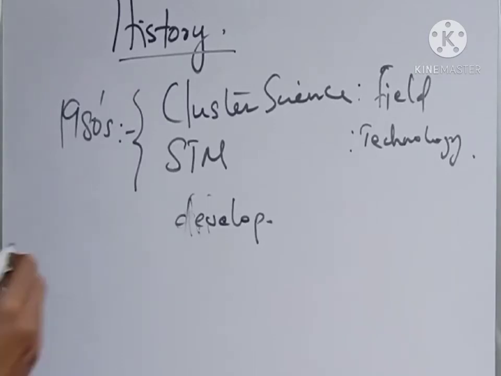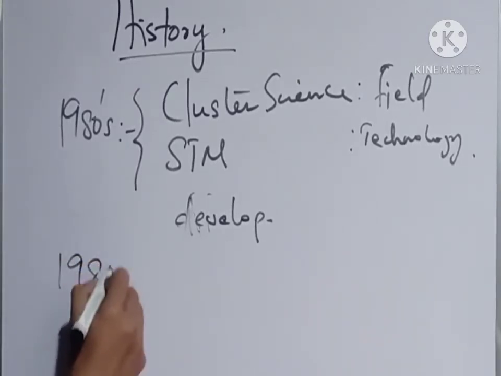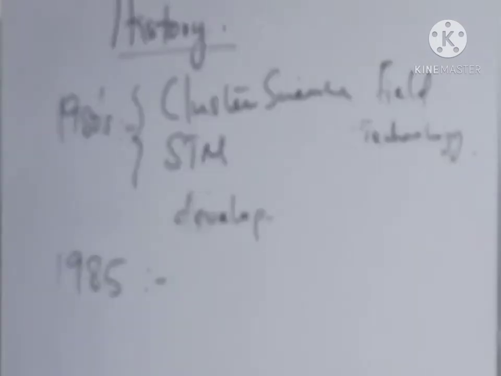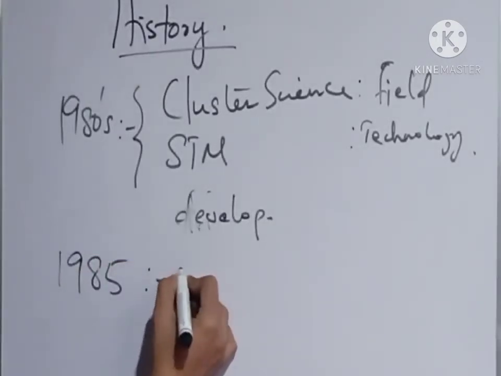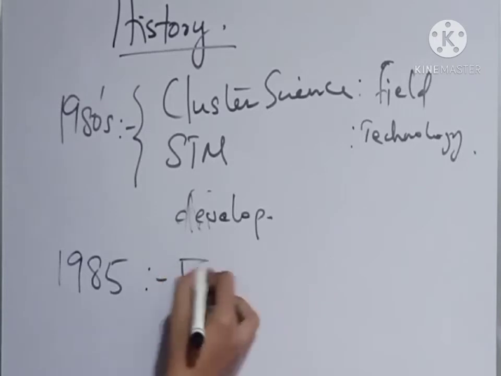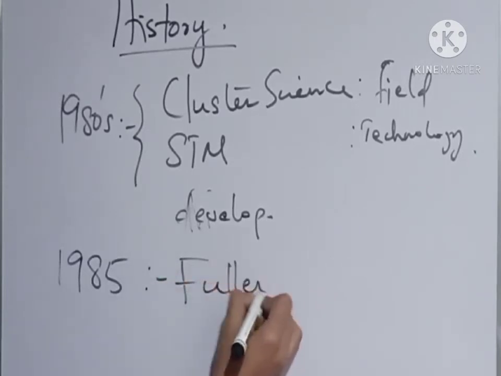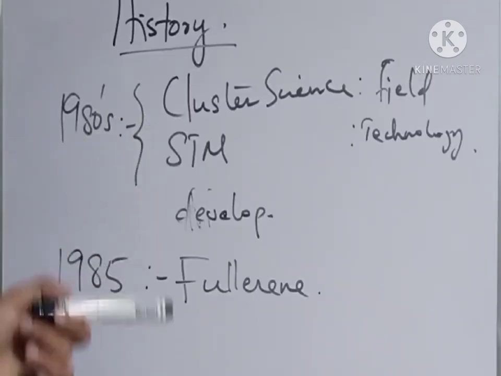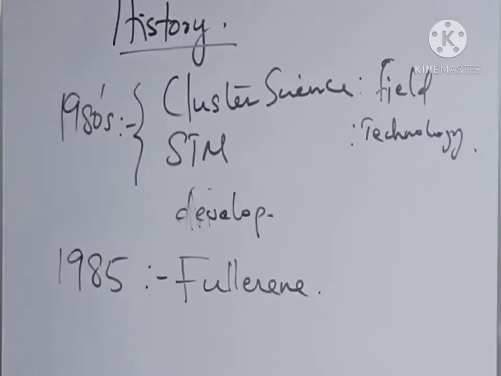And in 1985, Buckminster Fuller developed a cluster material called fullerene, which also helped the development of nanotechnology.